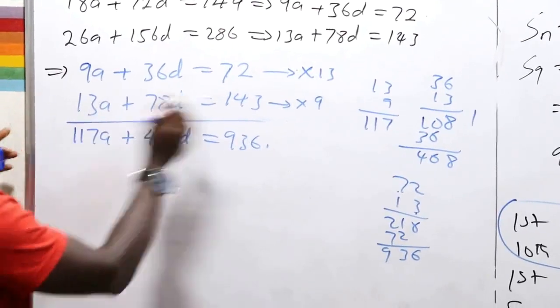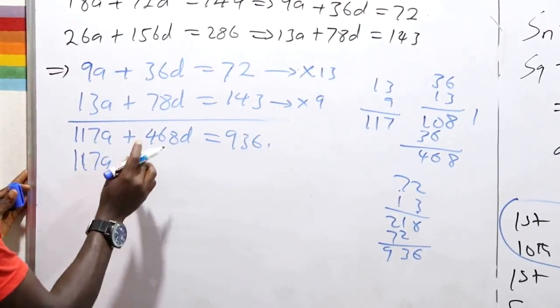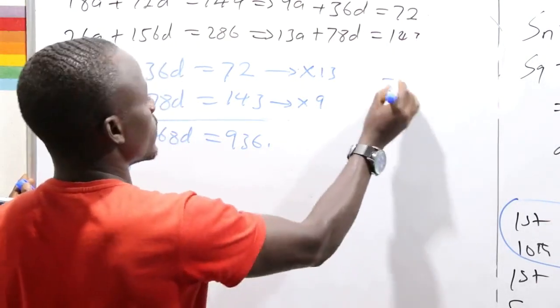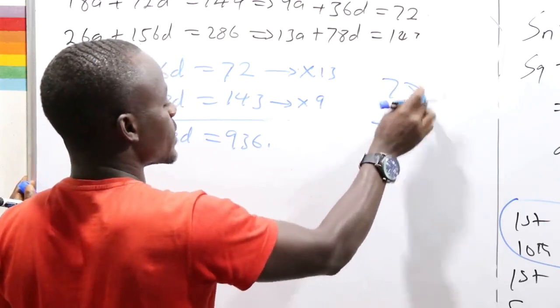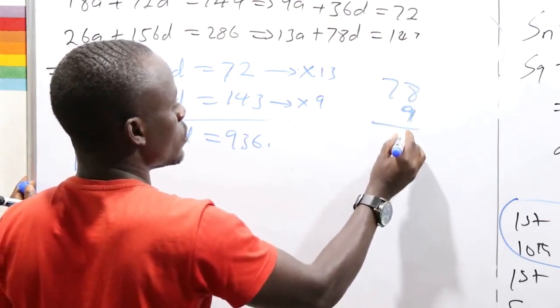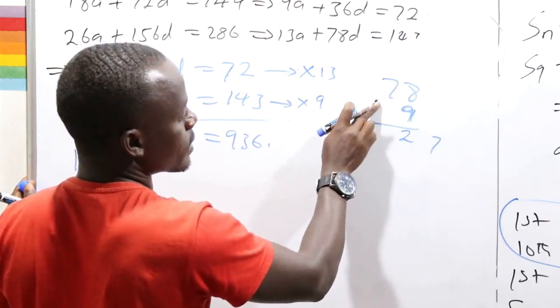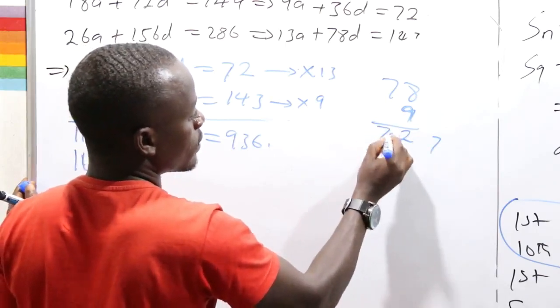Then coming here, 13 times 9 is 117a plus 78 times 9. 9 times 8 is 72, 2 carries 7. 9 times 7 is 63, 63 plus 7 is 70.